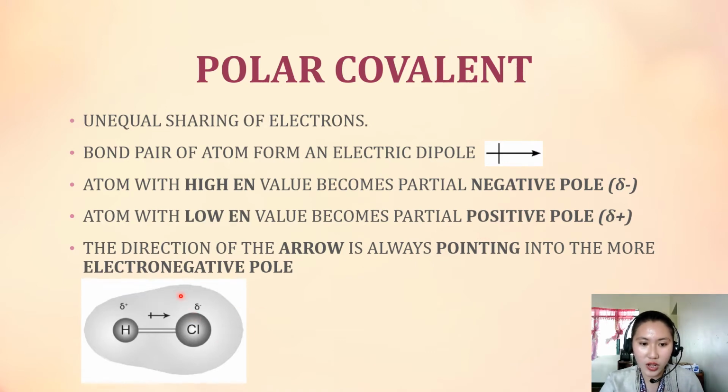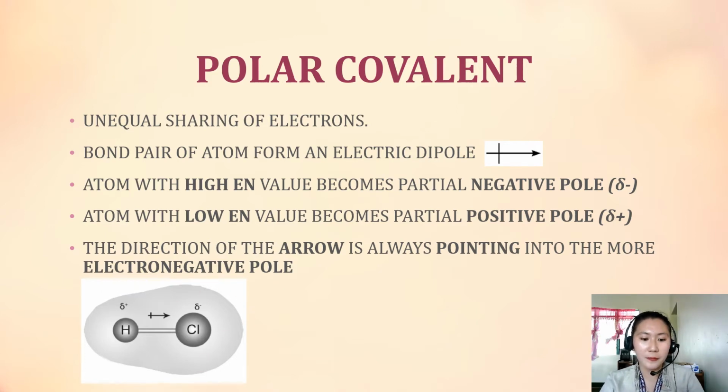This is its symbol. And then hydrogen has the low electronegativity value, so it is the positive pole. So, here it is. And as you can see, the direction of the arrow is towards Cl, since it is the more electronegative pole.